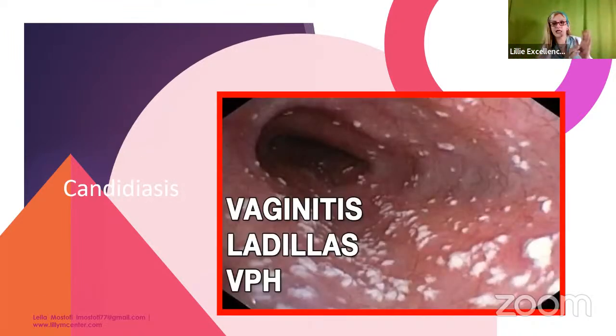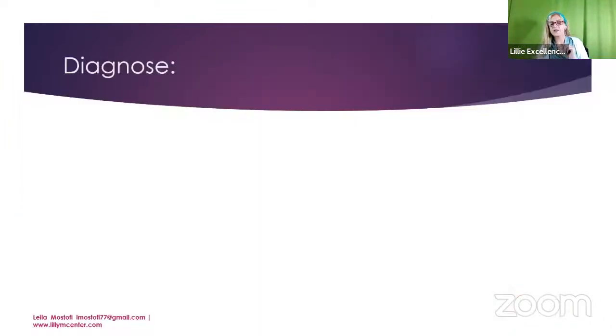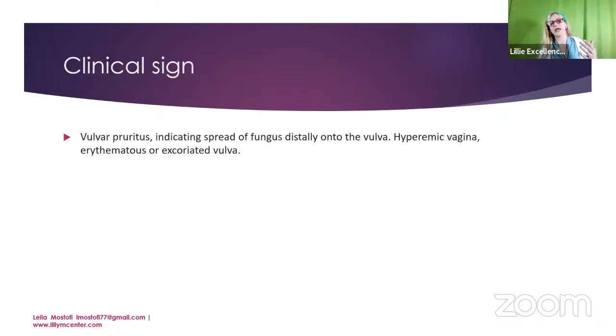As you see, this is candidiasis, and you will see the vulvitis, labialis, HPV. In the next picture, I want to show you how to diagnose. As you see, there are some clinical signs. In the clinical signs, you will see some vulvar pruritus indicating a spread of fungus distally onto the vulva, hyperemic vagina, erythematous or excoriated vulva.